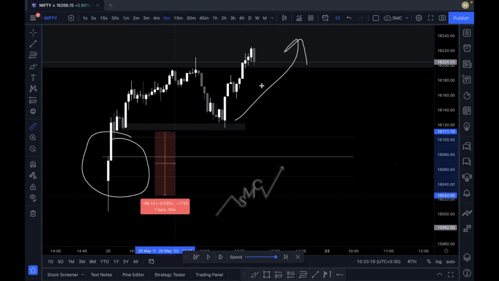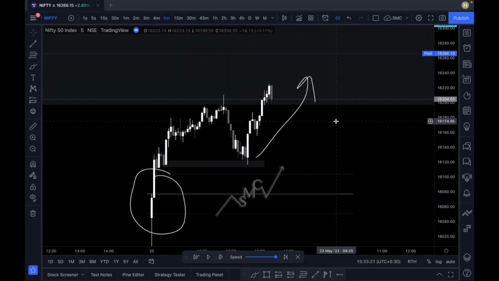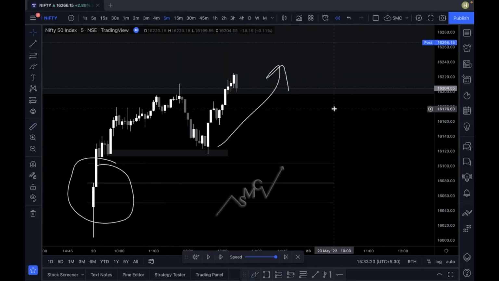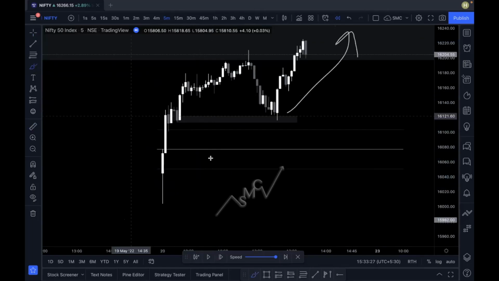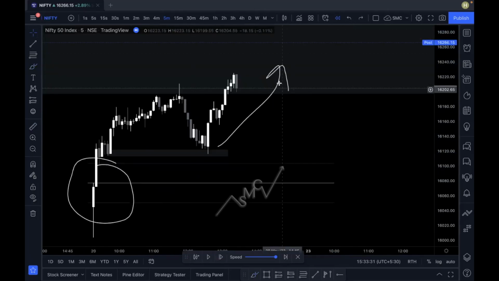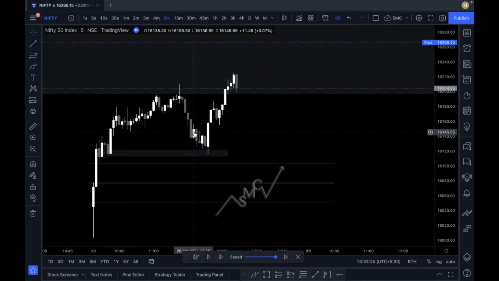The downside is this, and the upside is, of course, going to be better. It's not going to be like that every time, but don't let this scare you. Just go on whatever bias you have for the day, whatever zones you mark, just keep taking them. That's how it works.